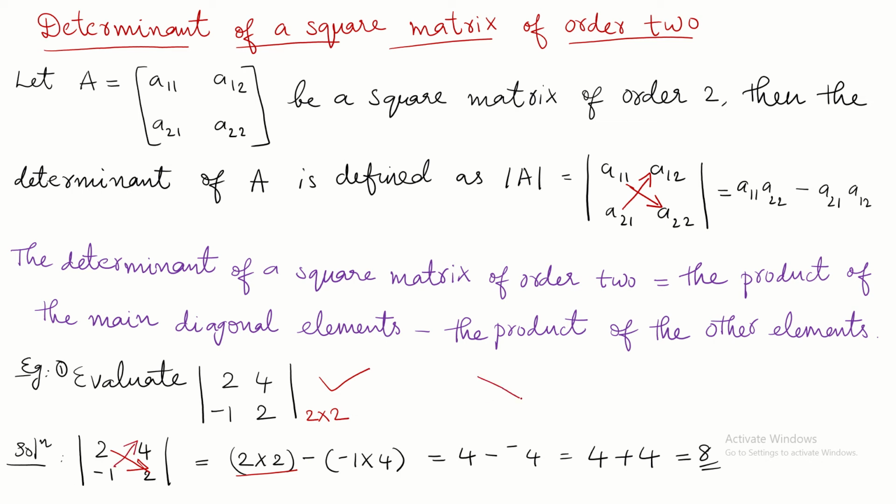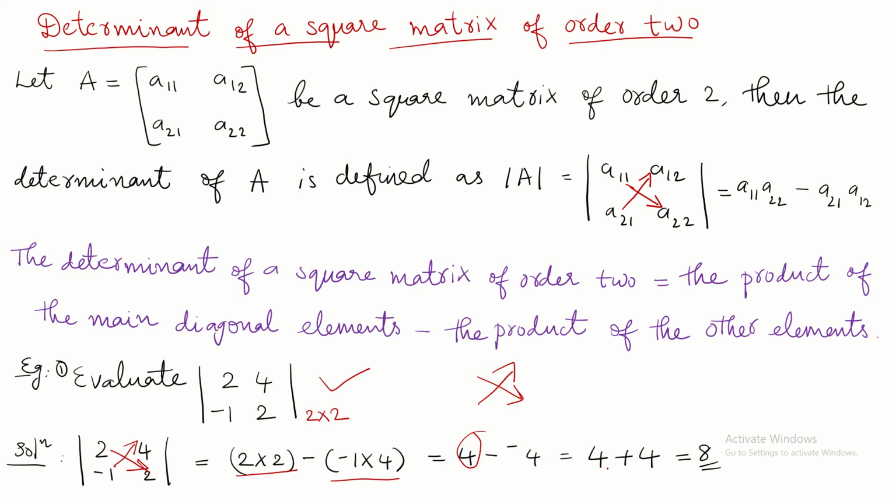The arrow mark should be like this. 2 into 2 is 4, minus 1 into 4 is minus 4. That is equal to 4.